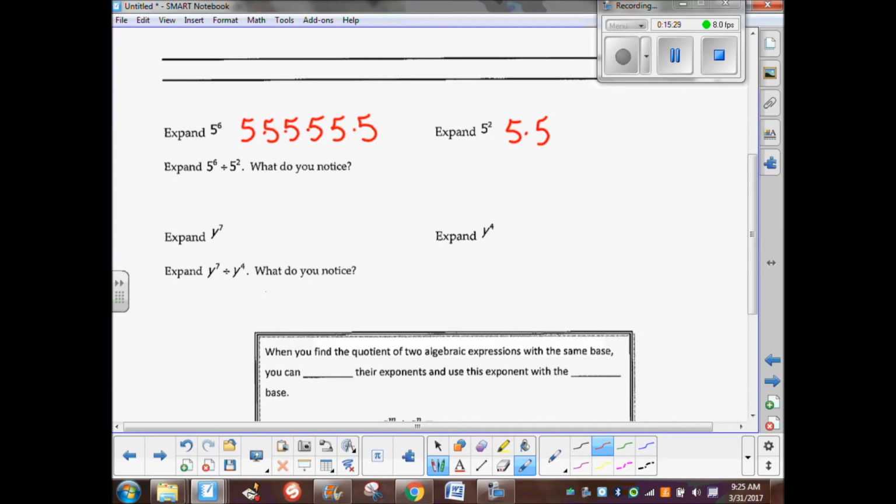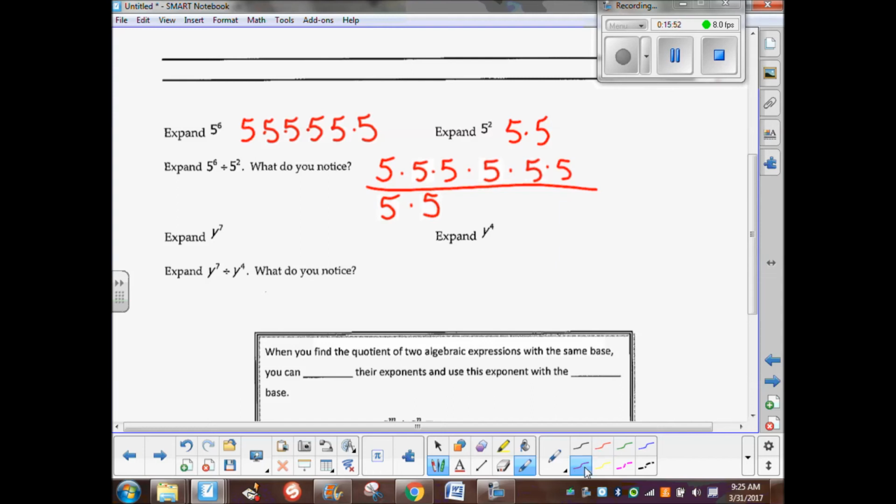Now it says expand 5 to the 6th divided by 5 to the 2nd. So if I did that, 5 to the 6th divided by 5 to the 2nd.